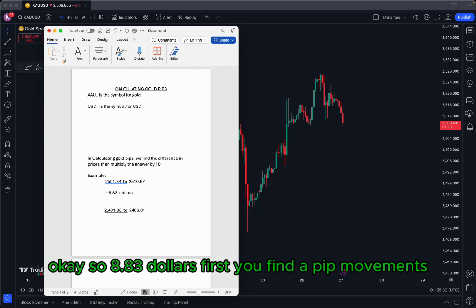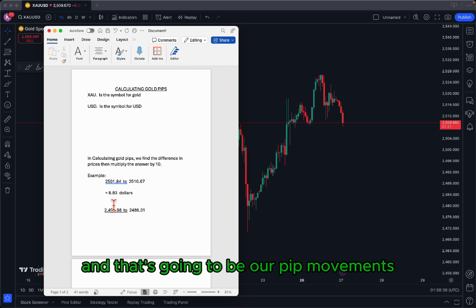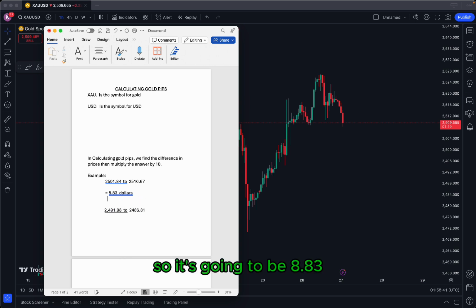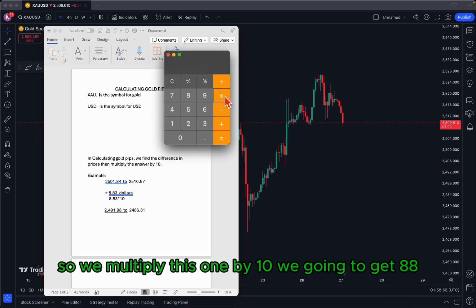For us to find the pip movement, you multiply this $8.83 by 10, and that's going to be our pip movement. So it's going to be 8.83 times 10. So let's come to the calculator. Multiply this by 10.